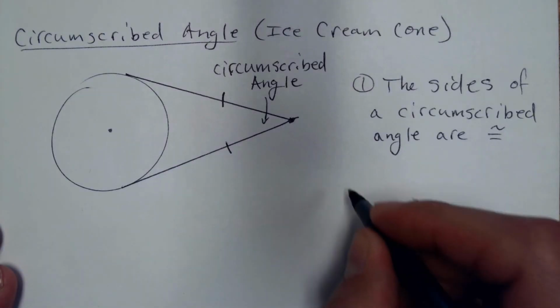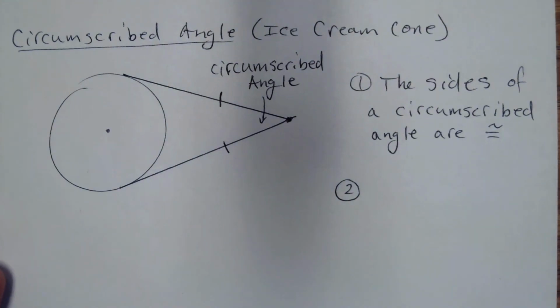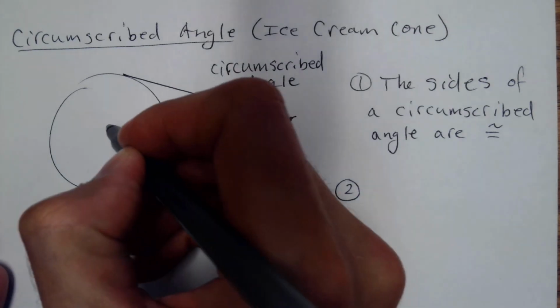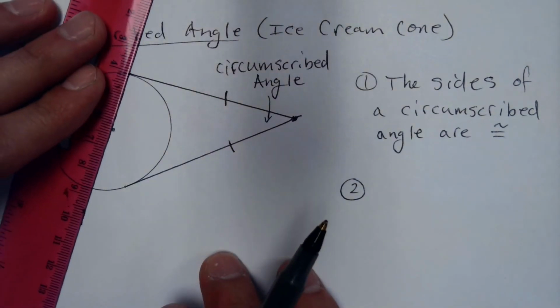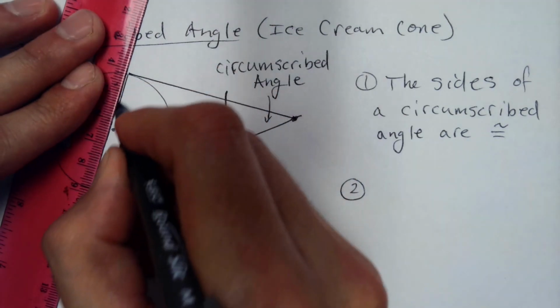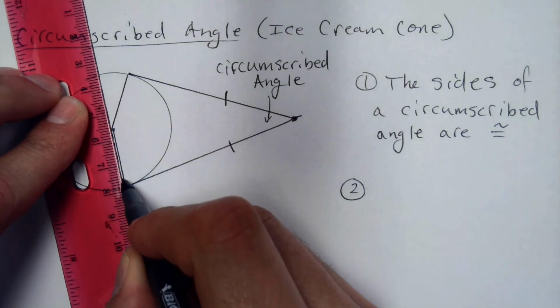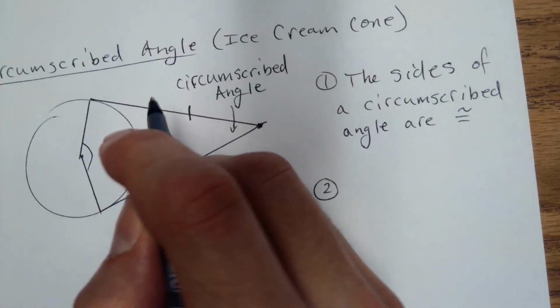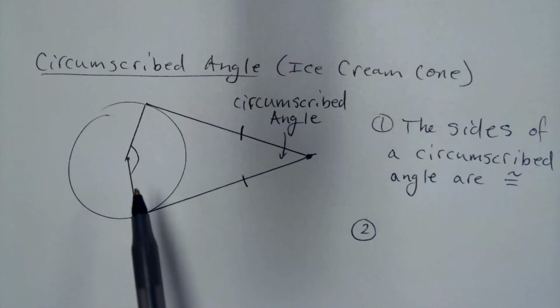All right, this second piece of information that I want to point out is... First, I'm going to draw this angle. Raise your hand if you remember what that angle is called.